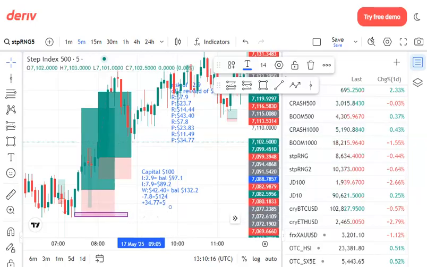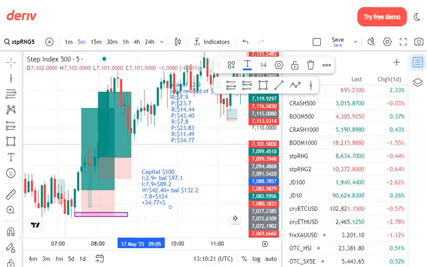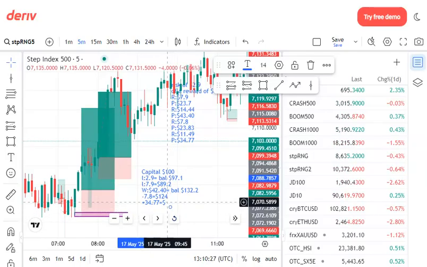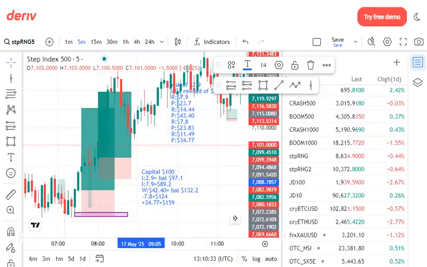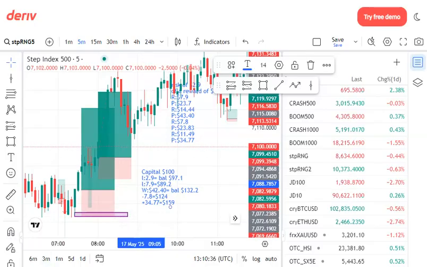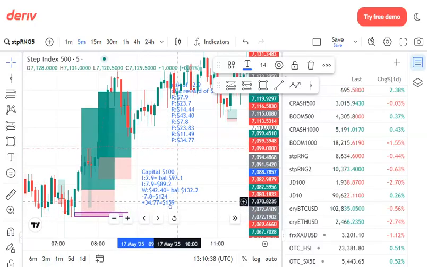We have 124.8 here plus $34.77. Our balance is going to be $159 and some cents, 0.57 cents.